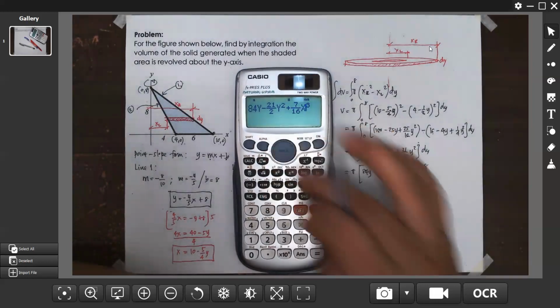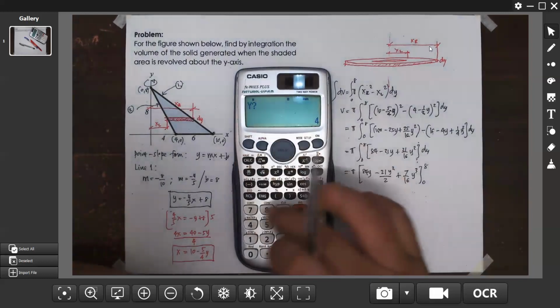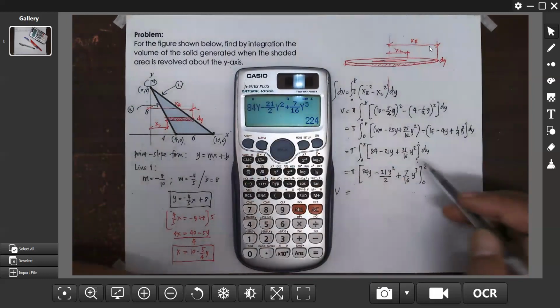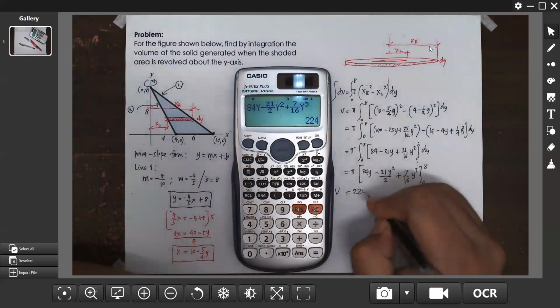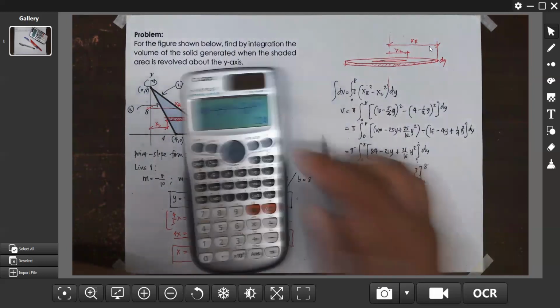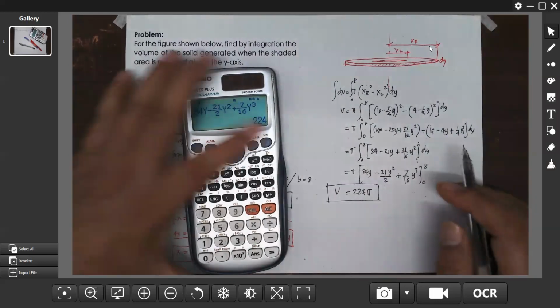Evaluating at 8 on the calculator, we get 224. Of course, the lower limit 0 gives 0. So the answer is 224 pi.